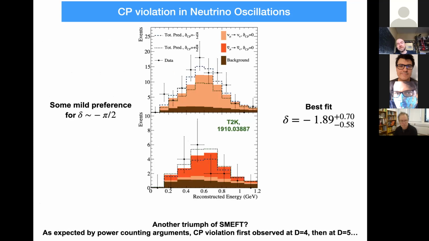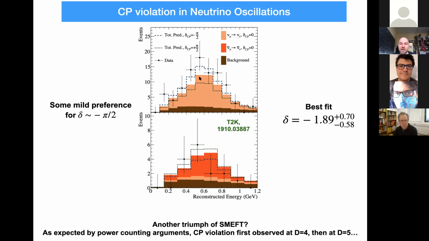So this is a very recent paper by the T2K collaboration, an experiment in Japan, sending neutrinos and antineutrinos from one place in Japan to another, and they show that the oscillation probability of nu mu to nu e and nu mu bar to nu e is different. And the difference is consistent with the Dirac phase being close to minus pi half.